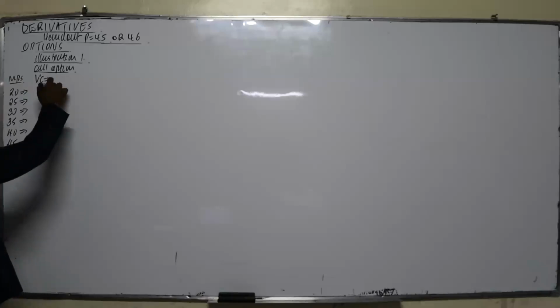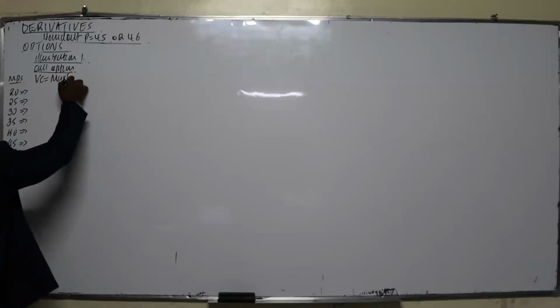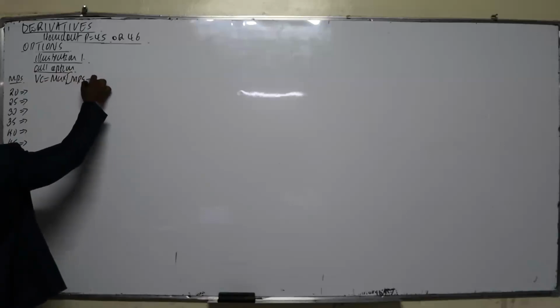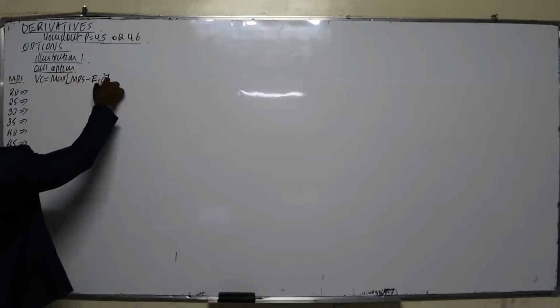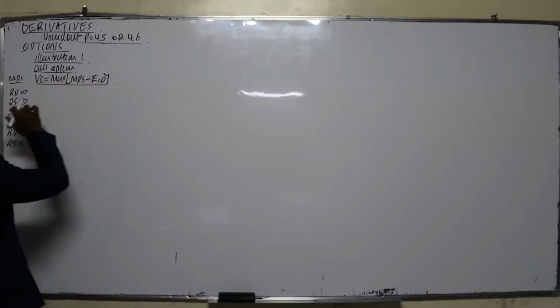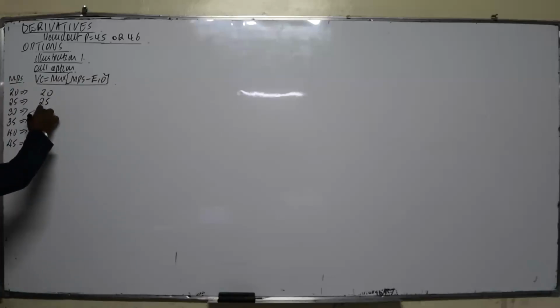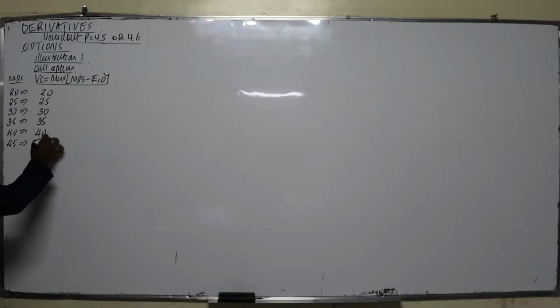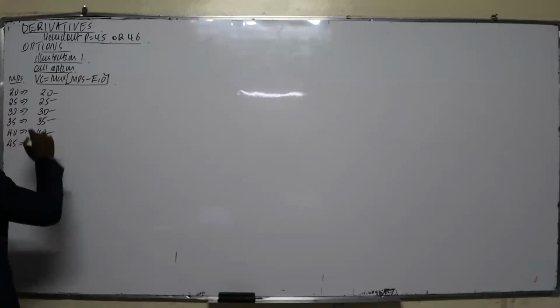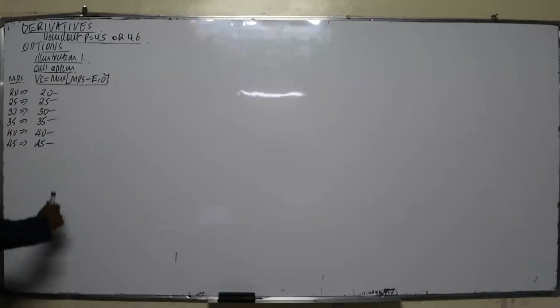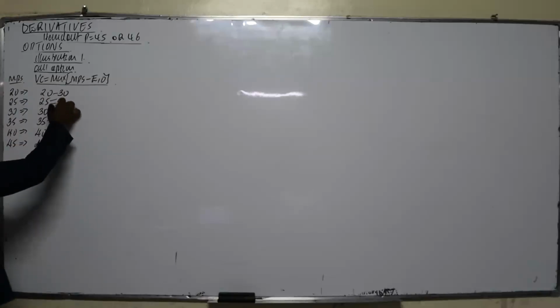It's the maximum of market price per share minus the exercise price, with the non-negativity assumption. So take the market price per share, then you minus the exercise price. How much is the exercise price? The exercise price we have is 30.